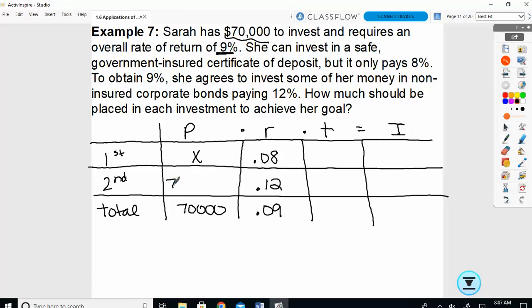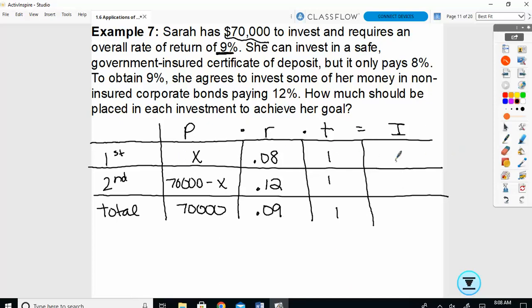So this would be 70,000 minus X. Okay, a lot of these problems may not mention time. Sometimes they will. Time has to be in years. So if I said 6 months, what would I put in for my time? 0.5 years. If I don't mention the time, we will assume 1 year for all of those.